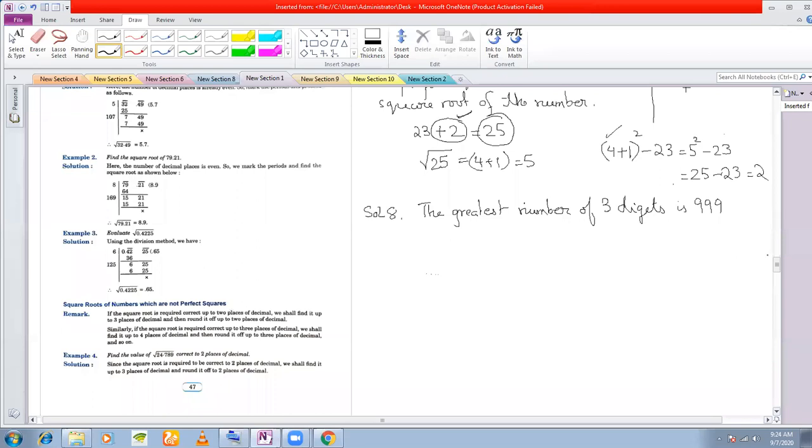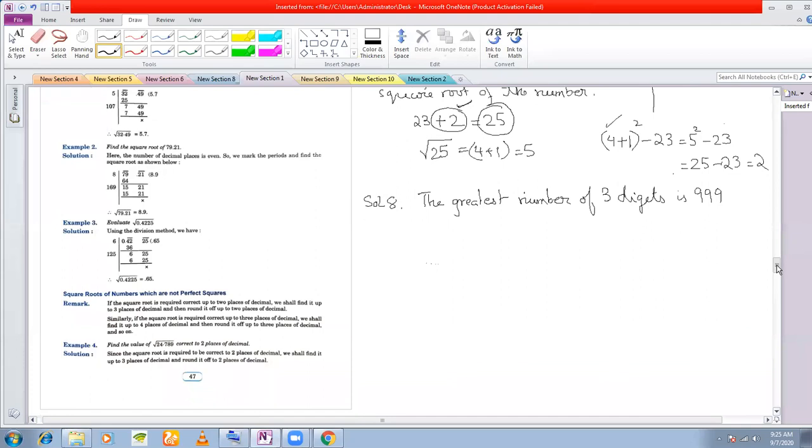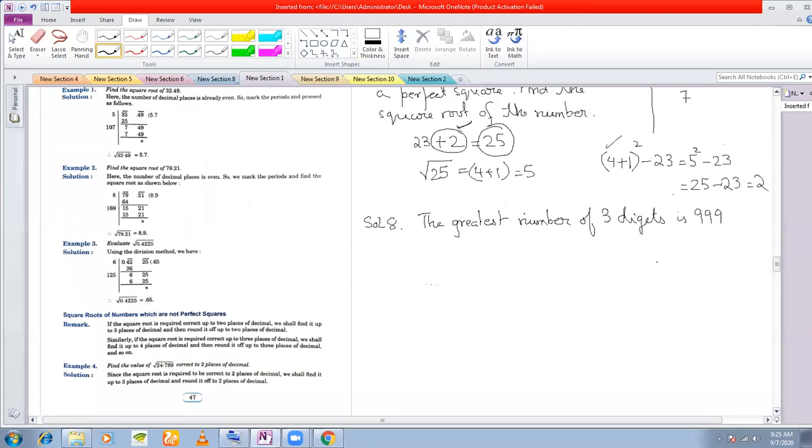If you add 2, you will get 1001, which is also a 4-digit number, not the least, but definitely a 4-digit number. So what is the least number, the smallest number that you must add to 999 to make it a perfect square? That is the question. So what you do here is, you again find out the square root here. 9, 9, 9.